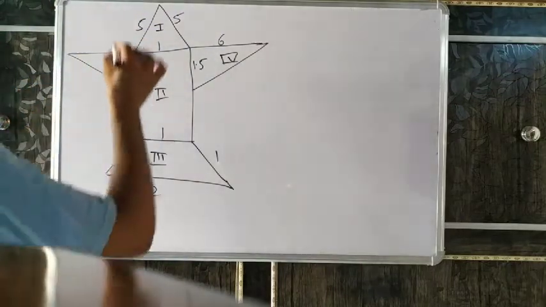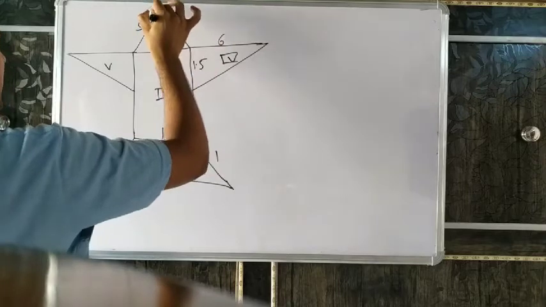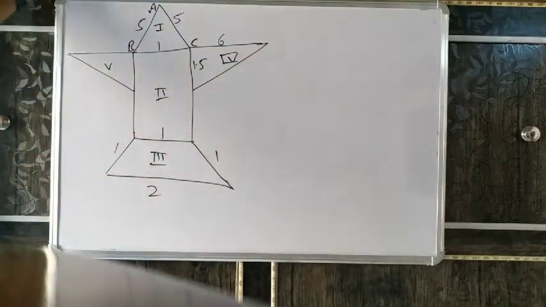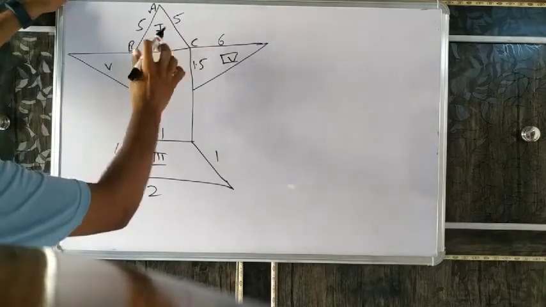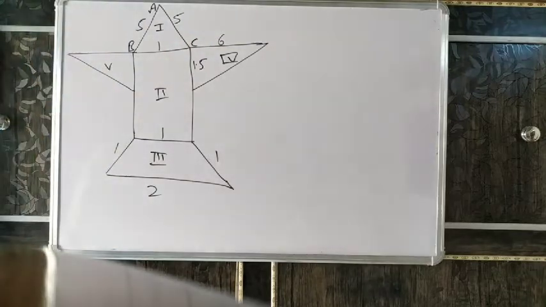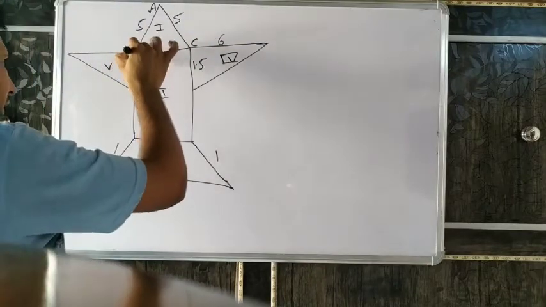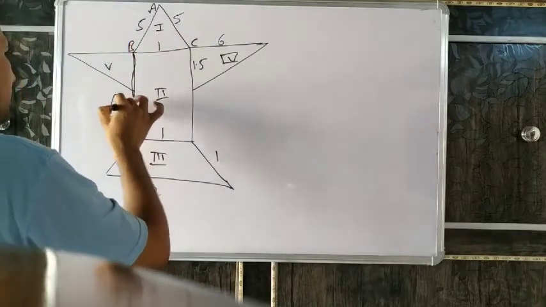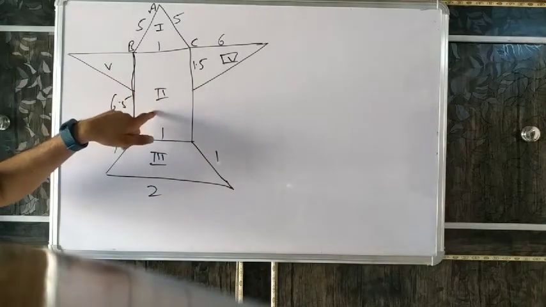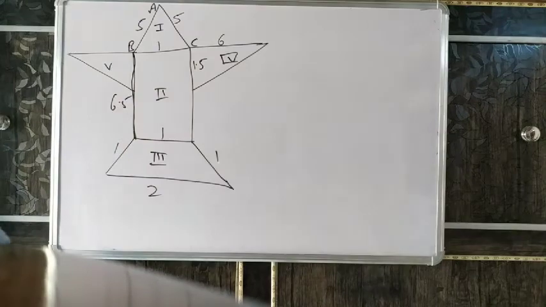So the area of this triangle we can find easily. Very good. So we will write A, B, C. Area of first part: it is a triangle 5, 5, 1, so we can find easily. This side is 1. And this side, from here to here, how much is given? 6.5. And it is the second part, area of rectangle, length into breadth.